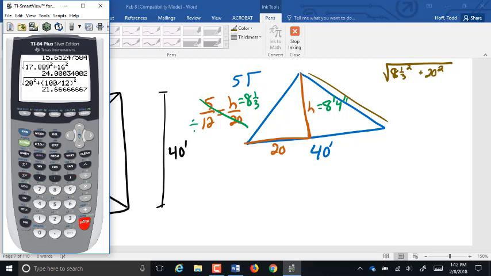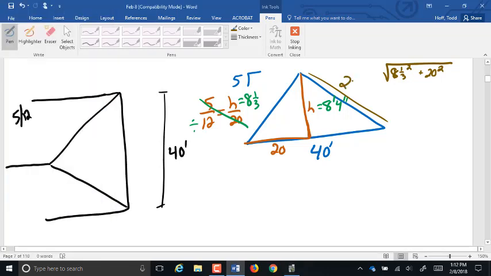So we get 21.66, 21 feet, 8 inches. That's our common rafter. 21.667, we're going to call it for now, feet. So what's next?